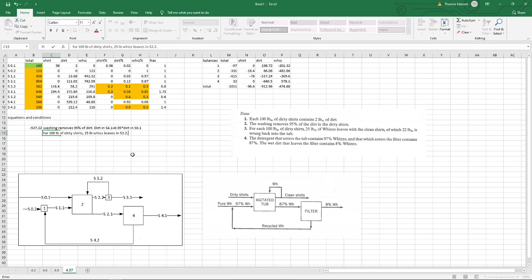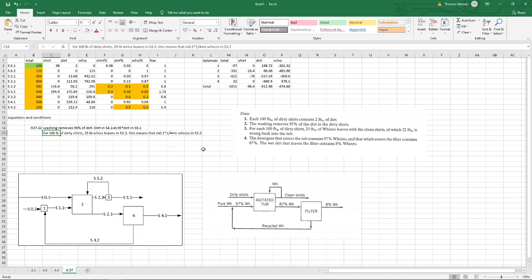How can I put that as an equation? This means that if I take the mass of my stream 0,1 times a quarter, it should be equal to the mass of Wizzo in stream 2,2.